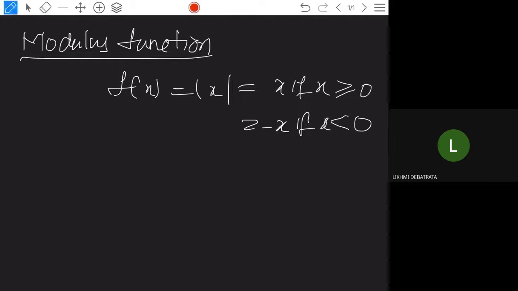Okay, so my question is, now is minus x positive or negative? You tell me, is minus x positive or negative? So negative. It is negative.